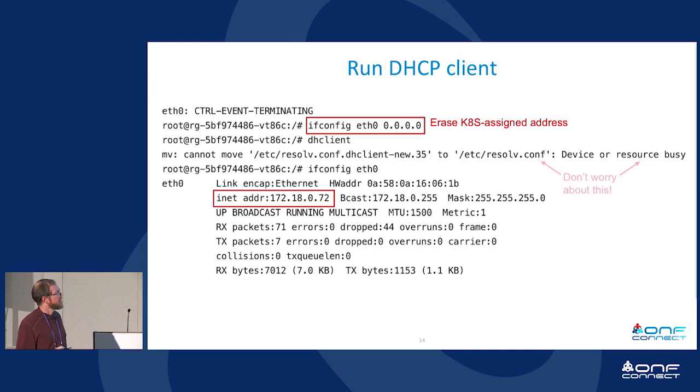We have an IP address, and as I mentioned, don't worry about that error. It has to do, I think, with Kubernetes mounting this etc resolv.conf file in the container because it thinks it's controlling networking, and it doesn't like it if you try to overwrite that.